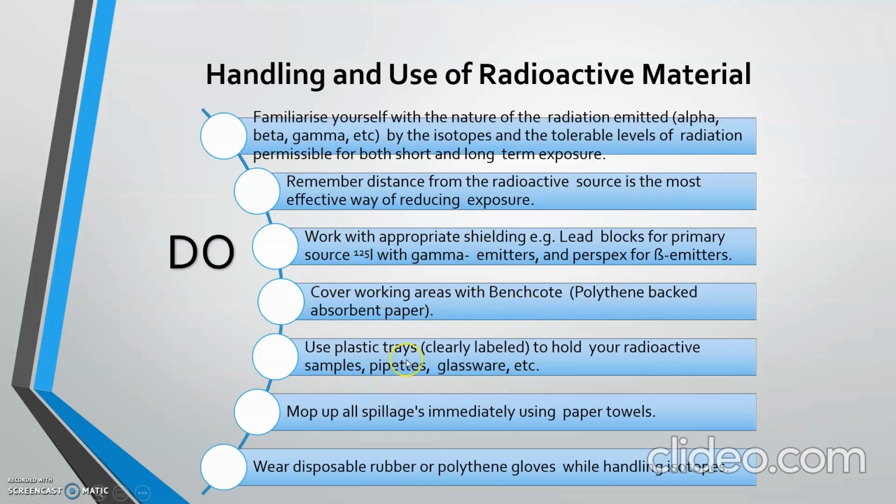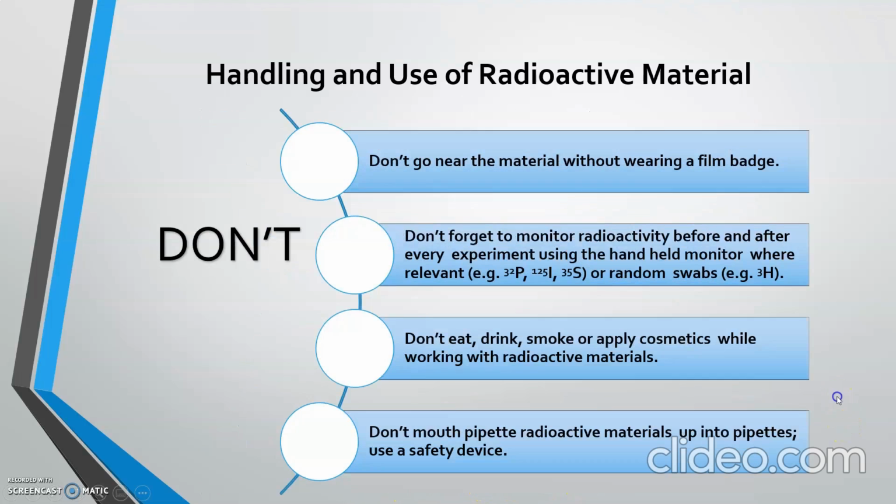Use a plastic tray to hold your radioactive samples, pipettes or glassware. Mop up any spillage immediately using paper towels. Please wear disposable rubber or polyethylene gloves while handling the isotopes, and please don't go near the material without wearing a film badge.